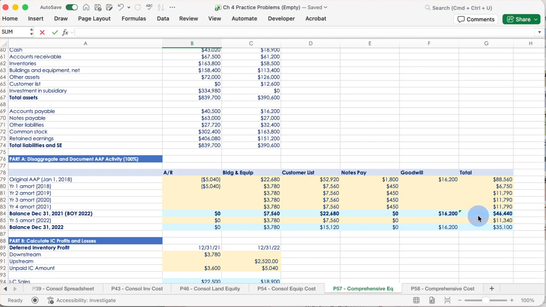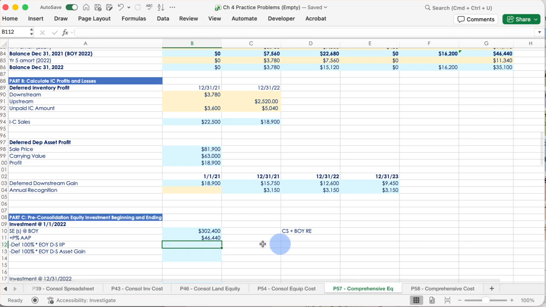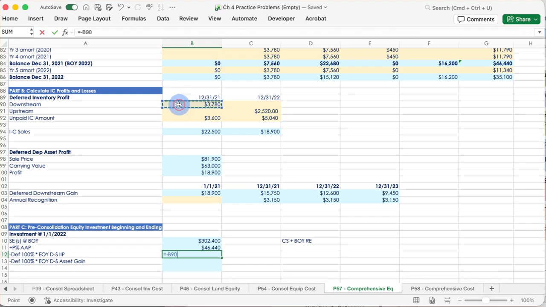So we'll grab that. Then we're going to subtract out 100% of the beginning of year deferred downstream intercompany profit. We already pulled all this information down, so we'll grab this downstream 3,780.